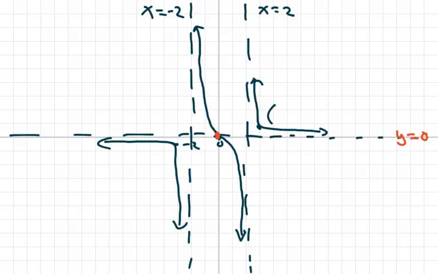This point here was (3, 3/5), and this one was (-3, -3/5). And of course this was (0, 0), and you can plug in the other points. We had -1 and 1/3, so this actually should have come down a little bit more. But anyway, there's your graph.